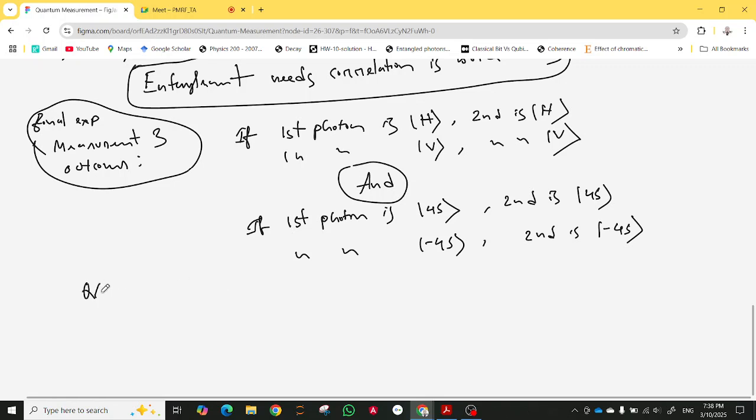Now, quantum mechanics. Can you explain these measurement outcomes with quantum mechanics? Can you write one wave function of the source?